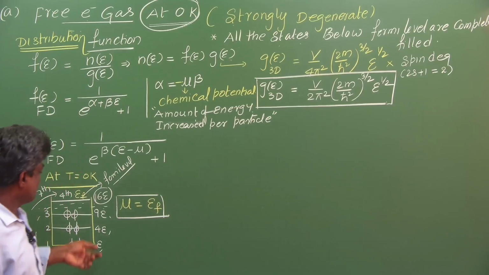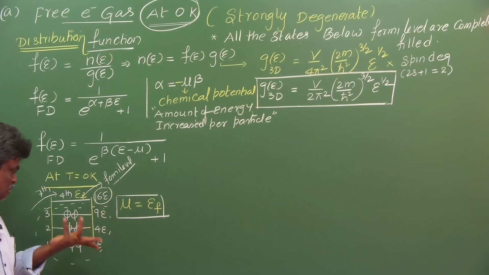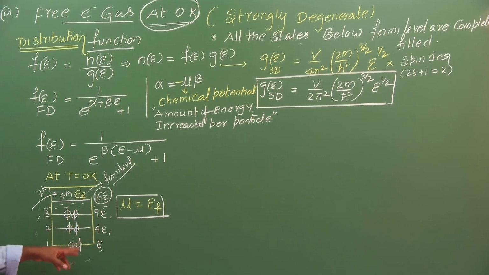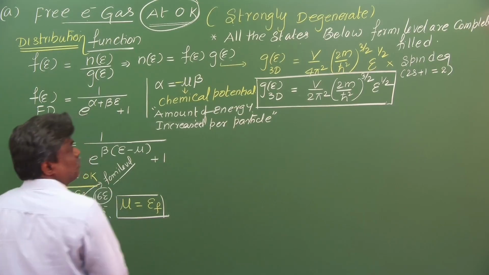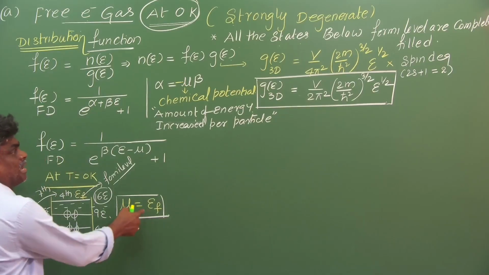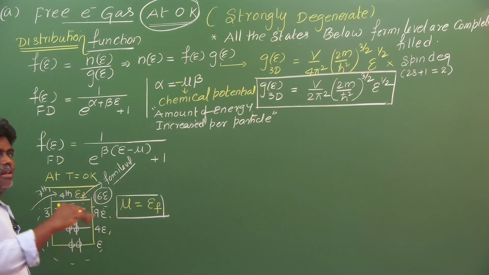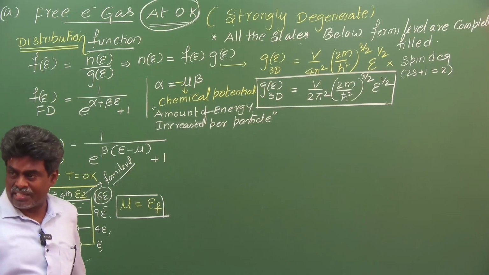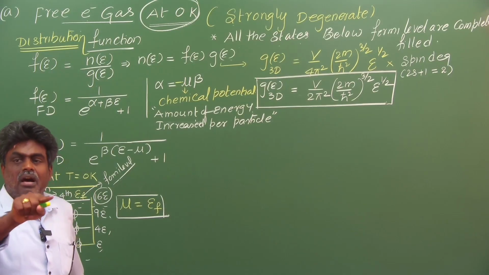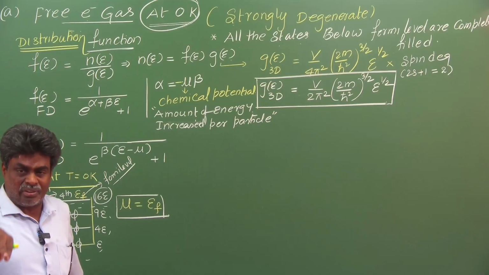Understand? Why are you saying 7? Difference. So what is the chemical potential at T equal to 0 Kelvin? The Fermi energy. What is the Fermi energy? The last occupied energy is nothing but the Fermi energy. That last occupied level is nothing but the Fermi level.